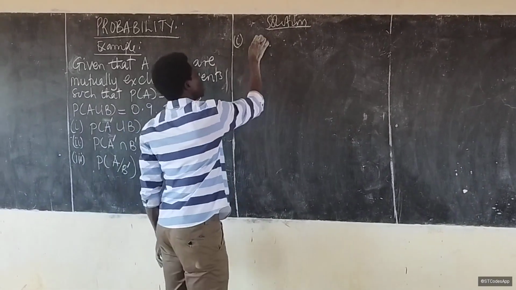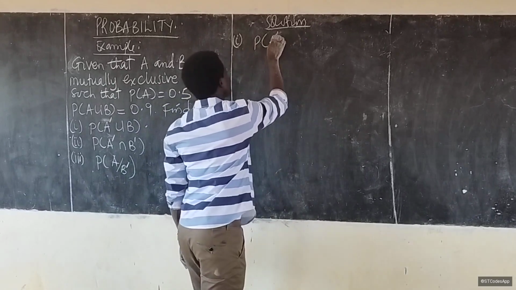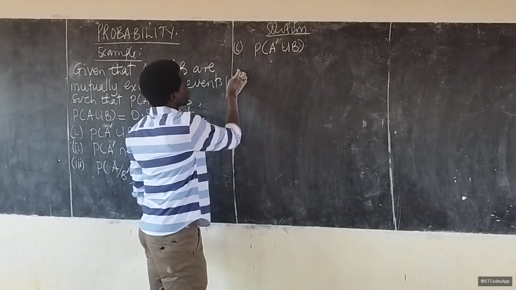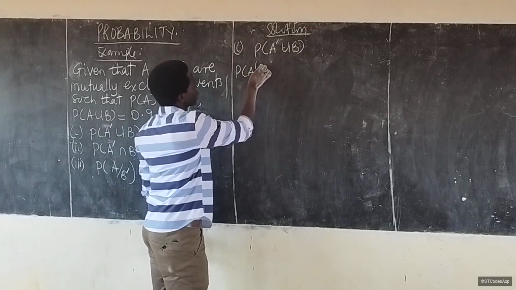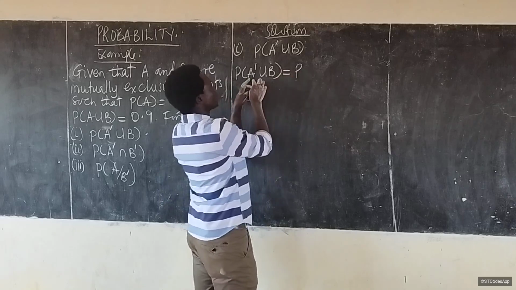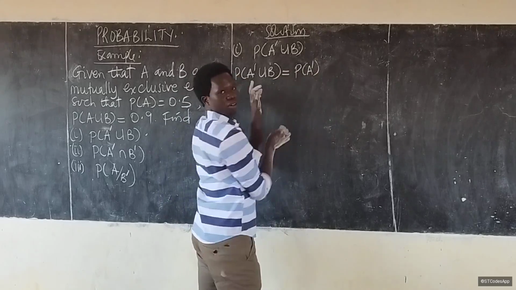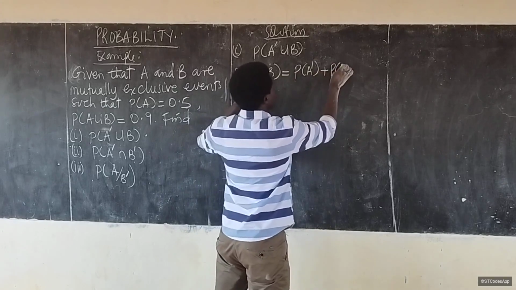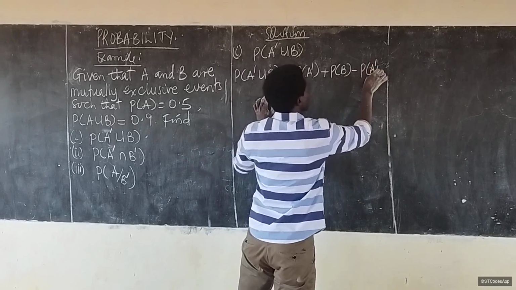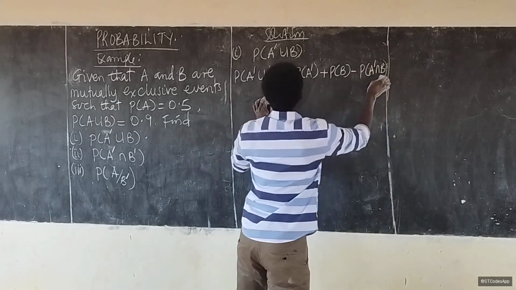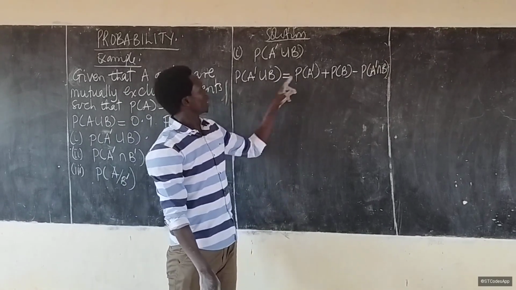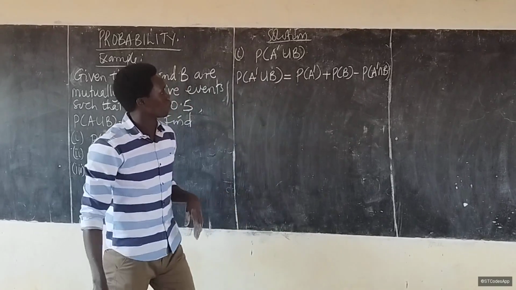We want to get the probability of A complement union B. For us to find this, it is true that the probability of A complement union B is got by saying the probability of A complement, plus the probability of B itself, then minus the probability of A complement intersecting B. The probability of A complement plus the probability of B, then minus the probability of the intersection of the two.